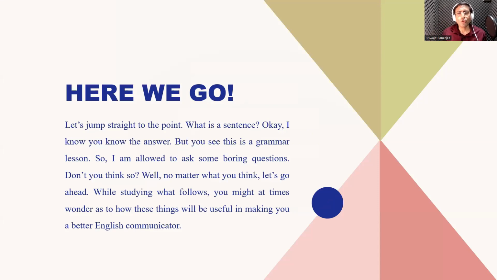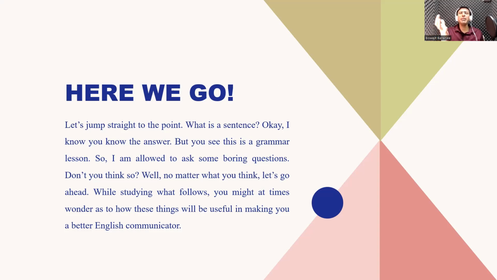Let's jump straight to the point. What is a sentence? Okay, I know you know the answer, but you see, this is a grammar lesson. So I'm allowed to ask some boring questions. Don't you think so? Well, no matter what you think, let's go ahead. While studying what follows, you might at times wonder how these things will be useful in making you a better English communicator. Well, they will be useful in making you a better English communicator.